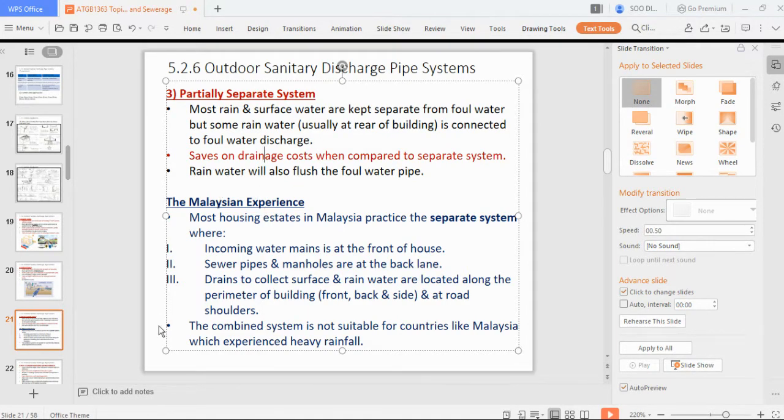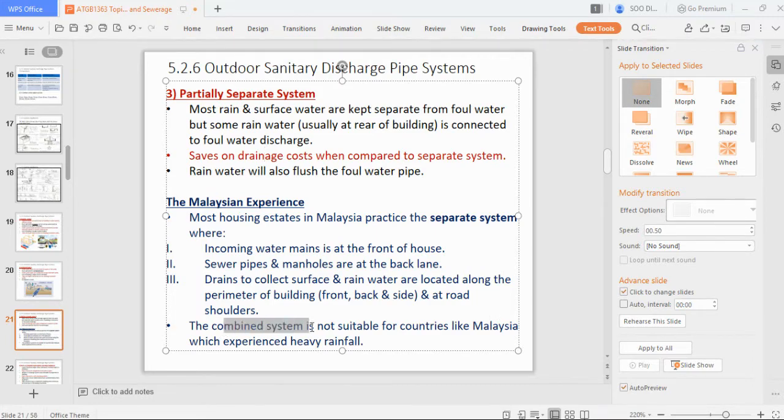So in Malaysia, most housing estates practice the separate system. So our incoming water main is at the front of the house. Sewer pipe and manhole are at the back lane, and then we have a drain to collect the surface and rainwater along the perimeter of the building at the road.